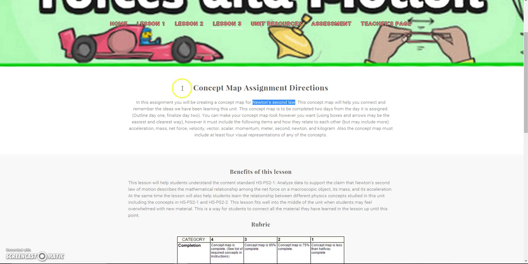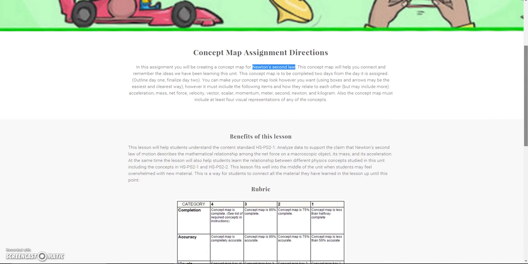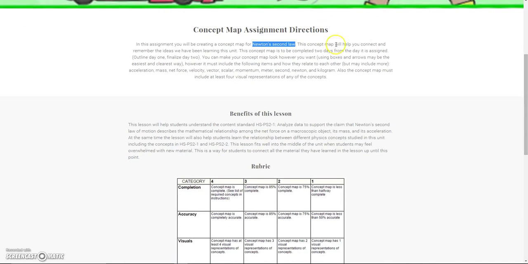Lesson 2 was the big project, but the big idea is Newton's second law. And it does get confusing. This unit has a lot of definitions and technical words that I throw at these students. So this is a way for them to help remember their ideas and help connect them.